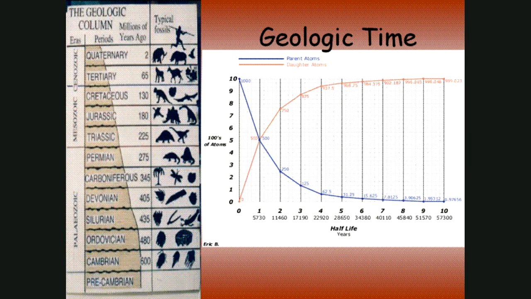Here's an example of the geologic column and some, not all, just some of the subdivisions. As you can see, Precambrian time basically makes up the first three eons. After the Proterozoic eon, we start the Phanerozoic.